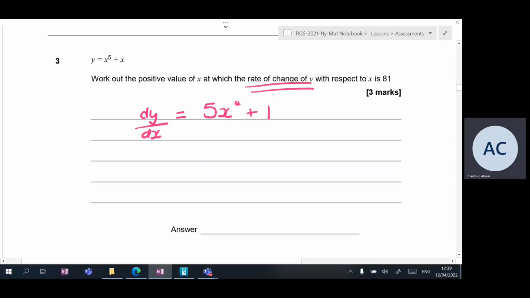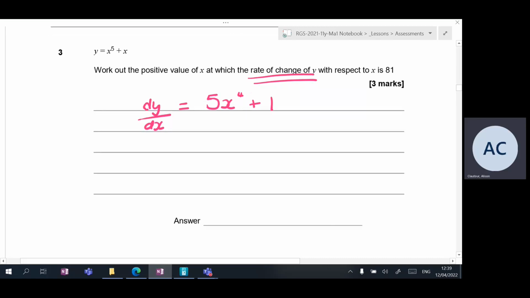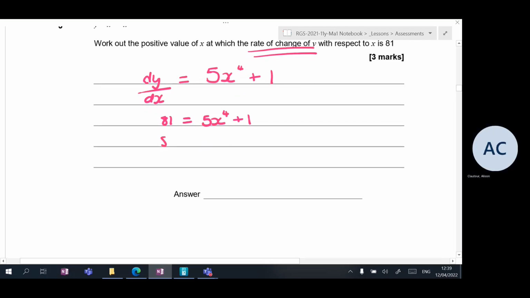It's telling me the rate of change of y with respect to x, in other words dy/dx, is equal to 81. So I've got to solve this. If I subtract 1 from both sides, that gives me 5x to the 4.